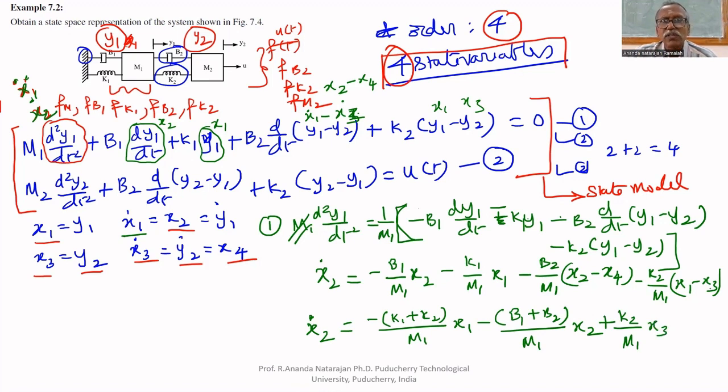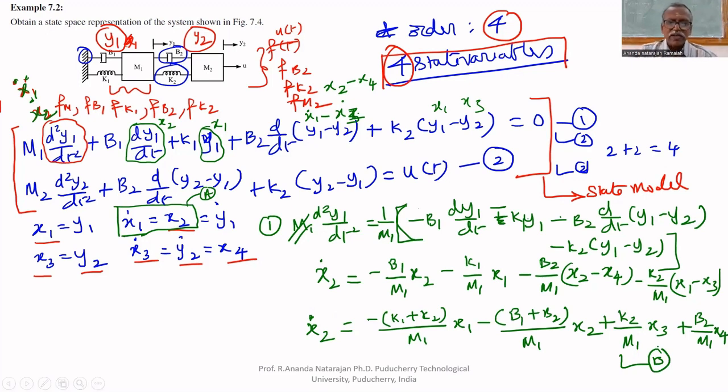Group all x4 together, plus b2 by m1 x4. Already we have x1 dot equal to x2, one equation. For x2 also we got this. This is equation A. This is equation B.